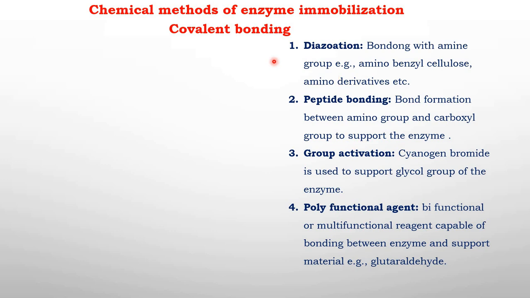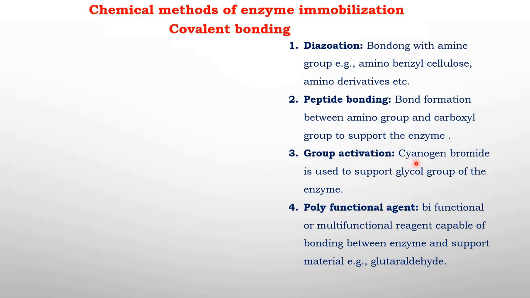Enzyme immobilization by covalent bonding means we are using some substratum which is covalently linked or covalently interacting with the enzyme, and this chemical method of enzyme immobilization is classified into four different types. One is diazotation, that is bonding with an amine group, like amino benzyl cellulose, an amino derivative, etc. It may be peptide bonding, that is, carboxyl group and amino group linkage.